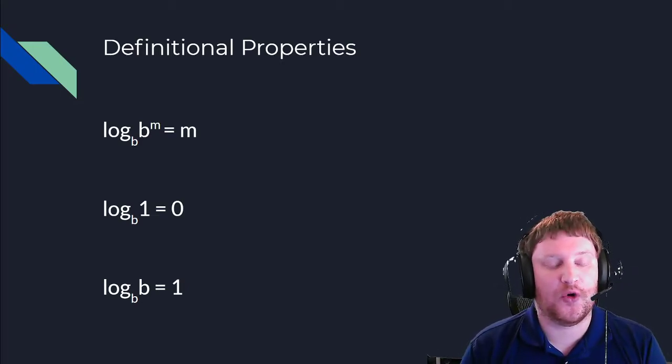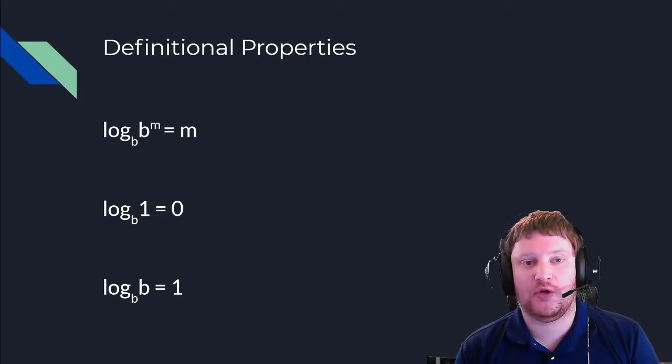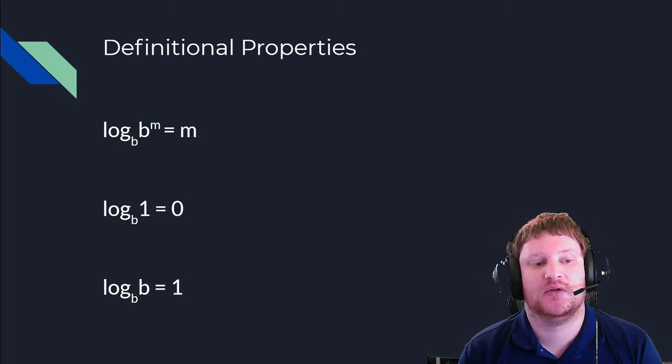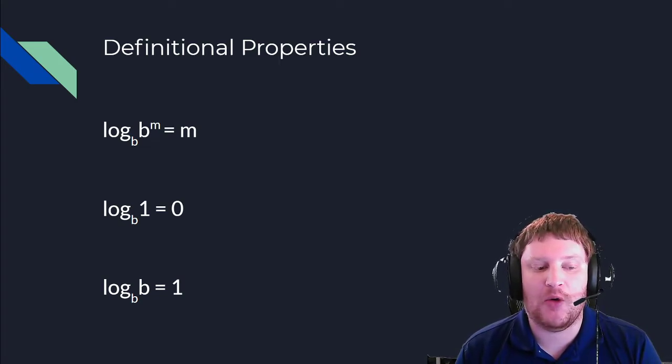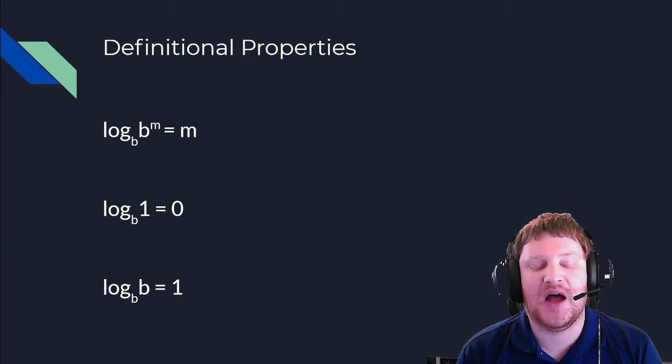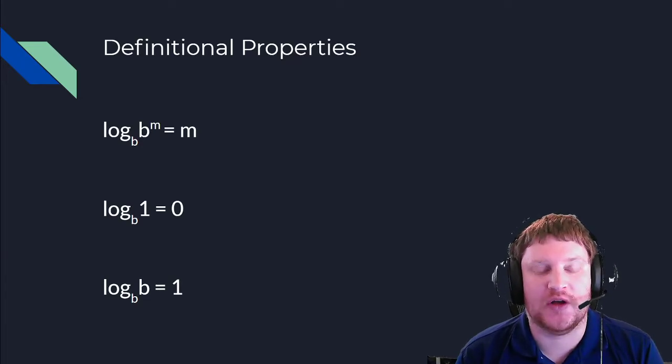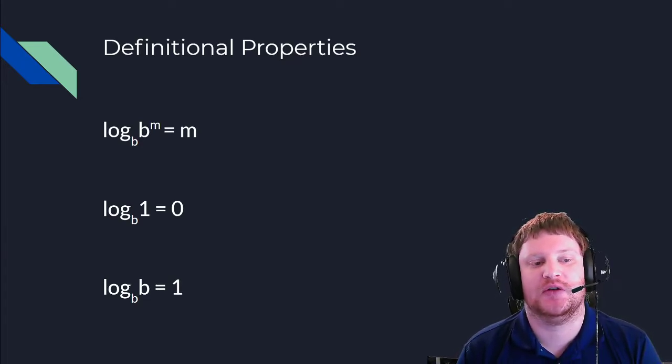So log base 4 of 4 is 1, because 4 raised to the first power is 4. You can see that that third one kind of follows both from the second and the first. The power of b in that third line is just 1. So m is 1, and our answer is 1.